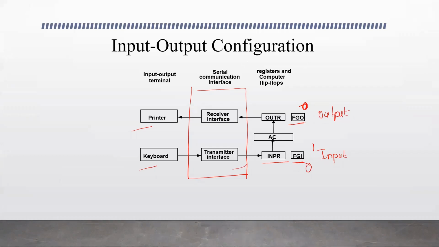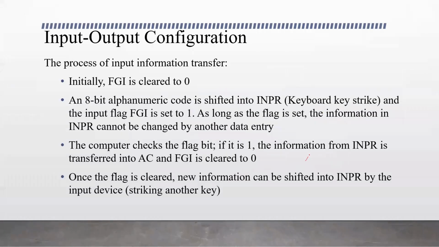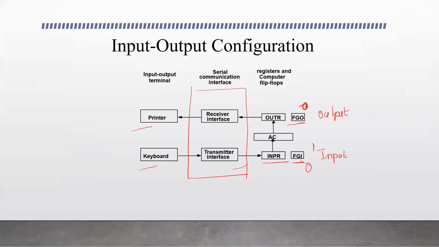These flags we discussed here, FGI and FGO, are the input and output flags. Otherwise the input being entered by the keyboard cannot be continuously transmitted to the processor for processing it. The transmission speed of input output devices and the computer will not match.